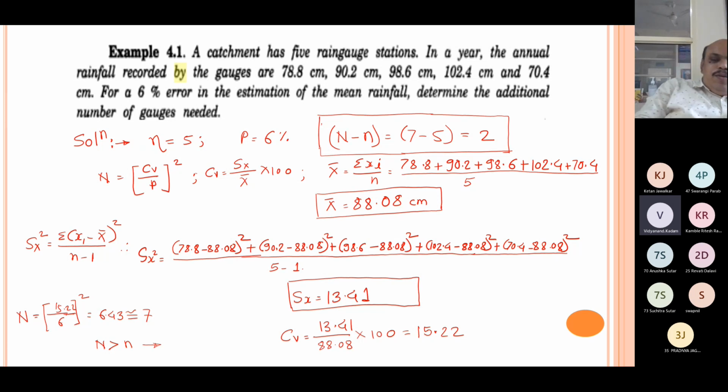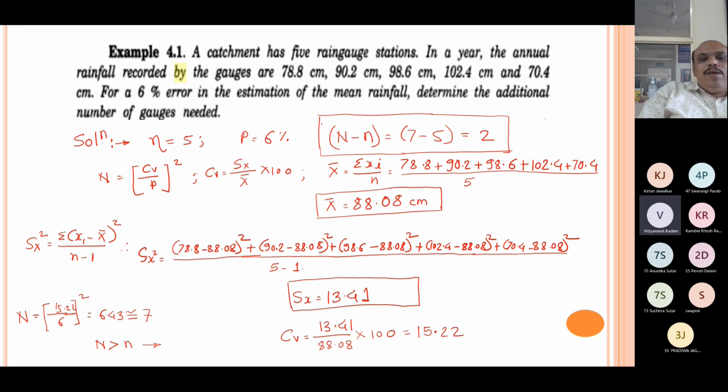Okay. So this is a solved problem from a book. Similar problems are asked in the examination for 4 to 6 marks. Such a problem will be there, and you have to find out how many additional rain gauge stations are required. So for that you have to calculate first x bar. From x bar you have to calculate Sx.